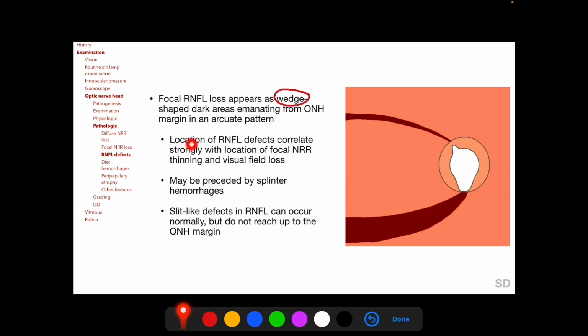And the location of these wedge-shaped RNFL defects correlates strongly with locations of focal NRR thinning or notching and visual field loss. These wedge-shaped RNFL defects may be preceded by splinter hemorrhages, which we will be discussing, and there can be slit-like defects in the retinal nerve fiber layer normally, but these slit-like defects do not reach up to the ONH margin.